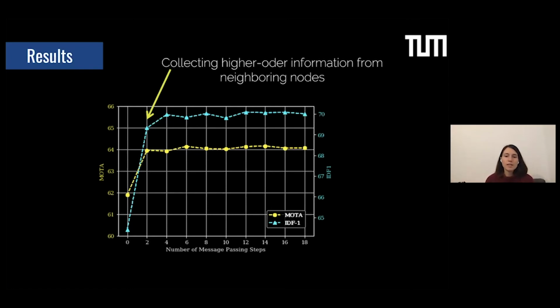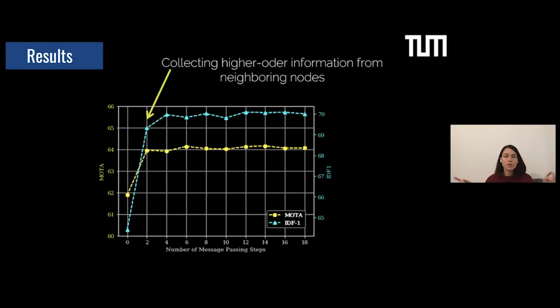And what we see here is that for both accuracy as well as IDF1, which is this identity preservation measure, as we go from 0 message passing steps, which would be the classic discrete optimization, to 2, this represents the highest jump in accuracy and IDF1 measure, which means that this is the point where you're starting to collect higher order information from the neighbors.